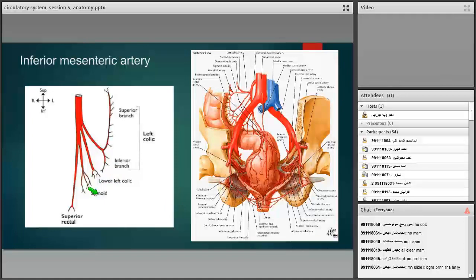The sigmoid branches are sending the blood for the sigmoid part of the colon, and it has also the superior rectal branch. The superior rectal branches are, look at here, this is the left colic, the sigmoidal branches, and this is the superior rectal.